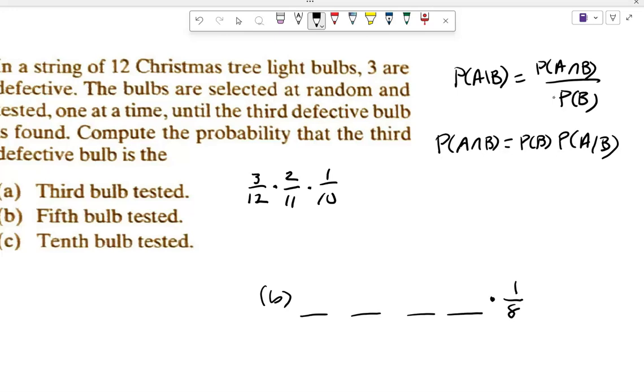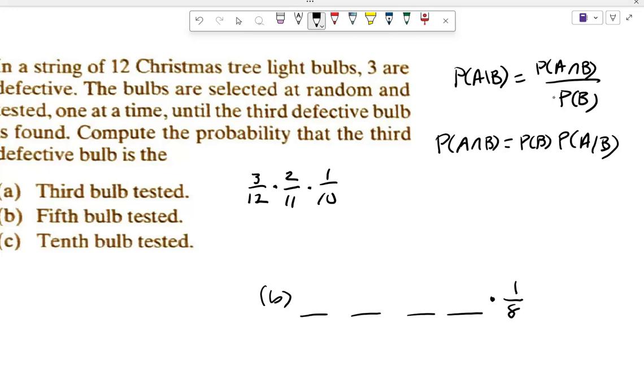Okay. We got to figure out how to fill out this part. Okay. So notice there's a number of ways to do this, isn't there? To take the 2 out of the 4. It could be defective, defective, not defective, not defective. It could be defective, not defective, defective, not defective, and whatever the combinations I have, right? How many ways are there to do that?